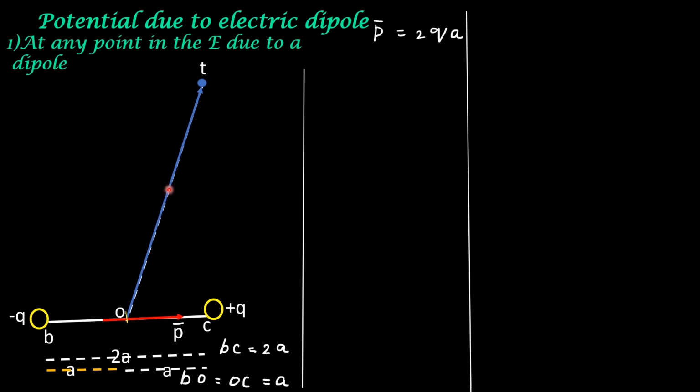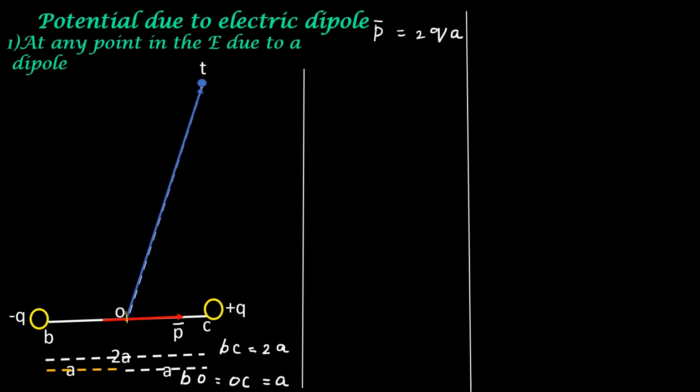Electric field due to a dipole depends not only on the distance of that point from the midpoint of the electric dipole, but it also depends upon the angle between the dipole moment and the position vector at point O. Electric potential at a point is due to the electric field.